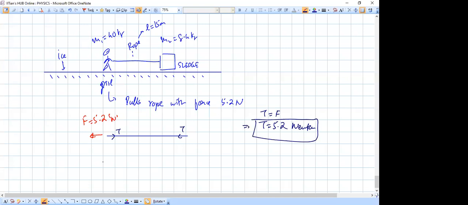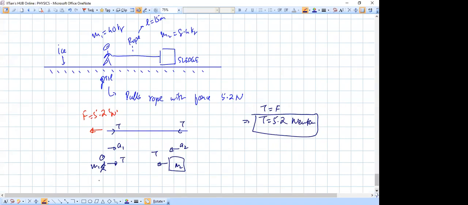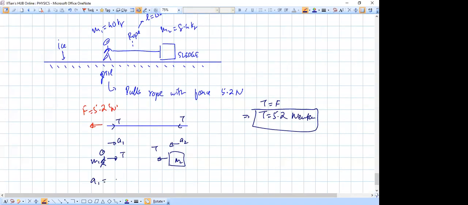Now if you see the girl's free body diagram, there is tension acting, giving her an acceleration a1. And in the sledge's free body diagram, this is mass m1. Vertical forces are balancing, normal reaction and weight, so I'm not showing them. So a1 will be equal to T by m1, that is 5.2 newtons divided by 40, which is 0.13 meters per second square.